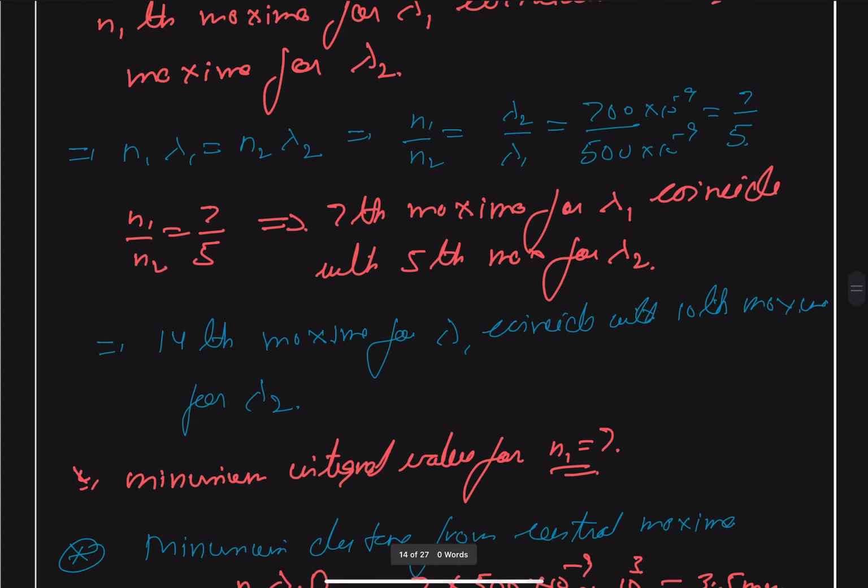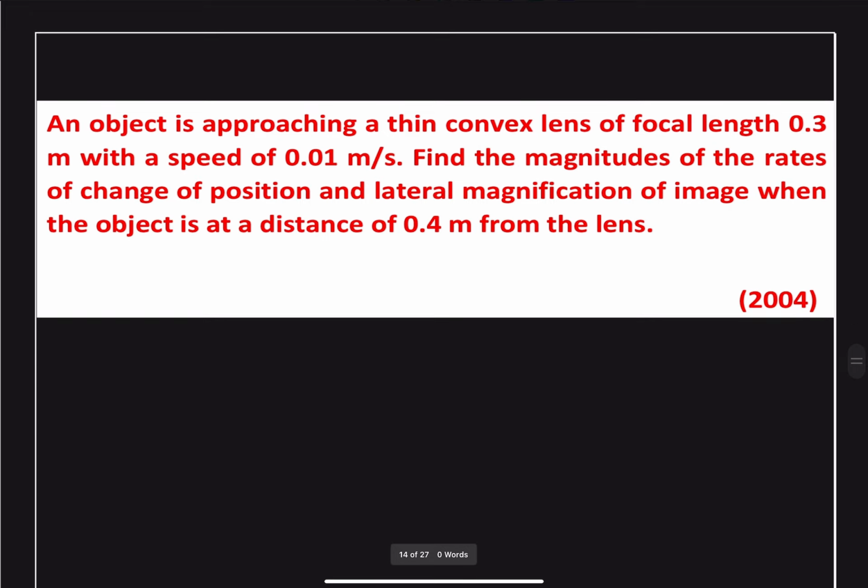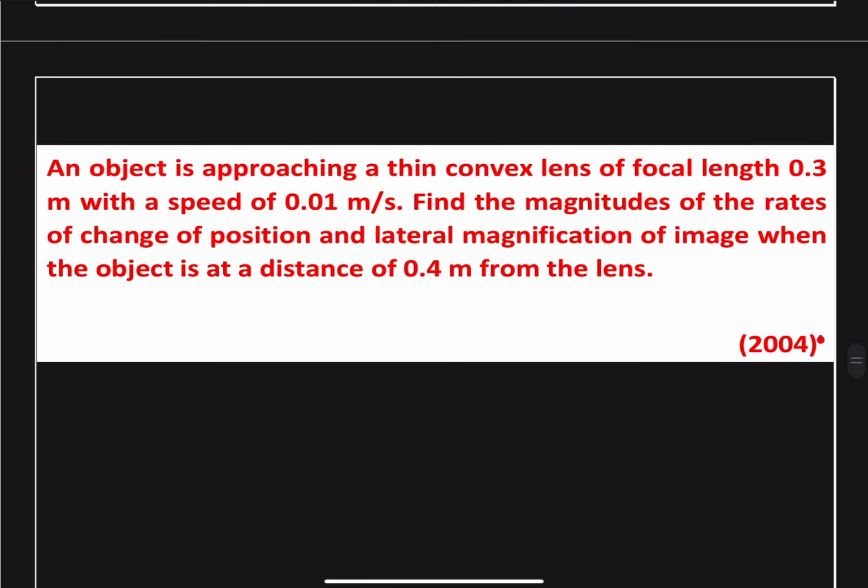We come to the next question. It was also asked in the year 2004, and it states that an object is approaching a thin convex lens of focal length 0.3 meter with a speed of 0.01 meter per second.